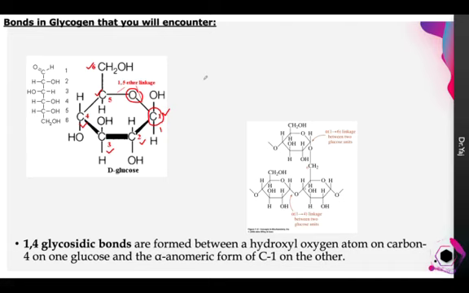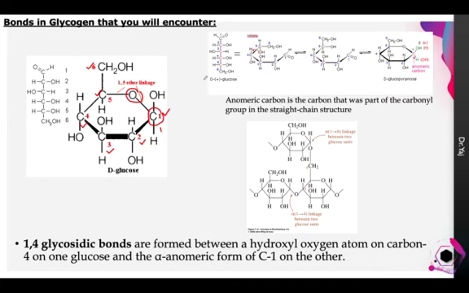Now, in case of glycogen, what is happening is that there is a linkage between the first and the fourth carbon. So, if you look at this particular part of the slide, this is the first carbon which is placed here, and this is the fourth carbon that is placed here, and there is a glycosidic linkage that is formed between the first and the fourth carbon.